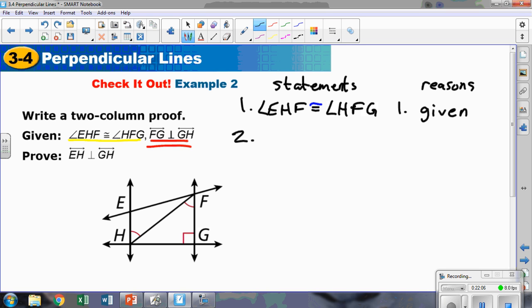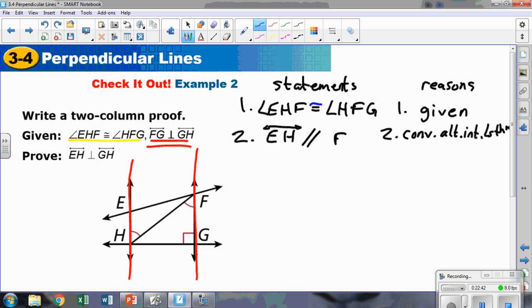Recognizing that those were the alternate interior angles, we're using the converse of the alternate interior angles theorem. And that tells us then that the two lines were parallel. Those two lines are EH and FG.